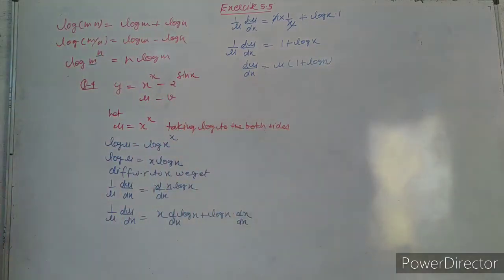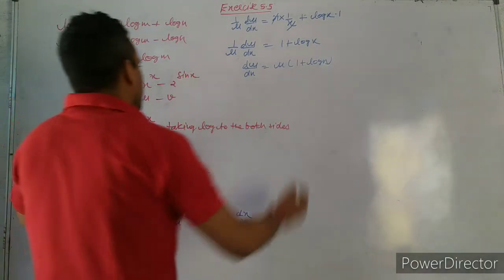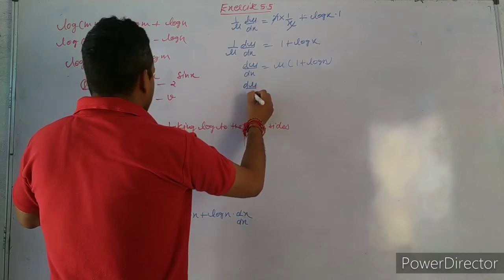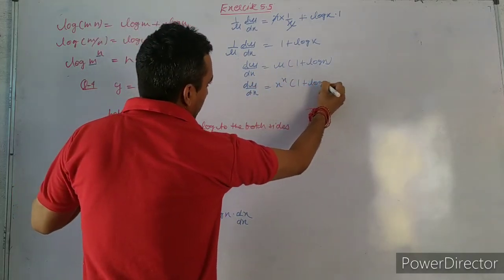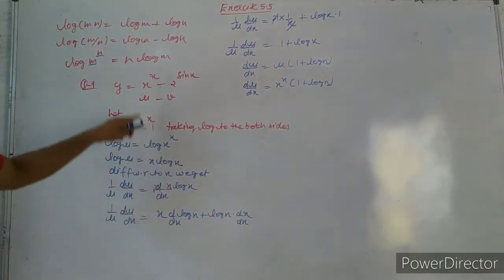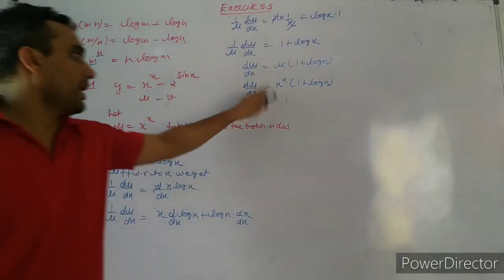Again, returning the value of u, which is x to the power x, into 1 plus log x. So the differential of this part is done.